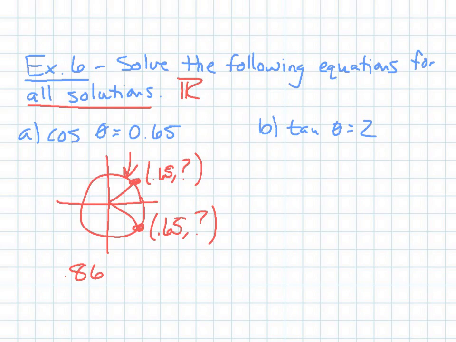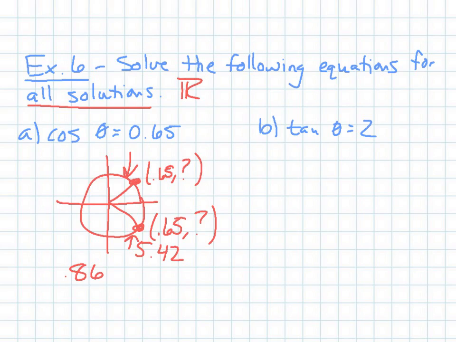So it would be going the opposite direction. So if you go the negative of that, you get negative 0.8632 or whatever. So the negative of that, if you add 2 pi to that, you get 5.42, and that would be this one.